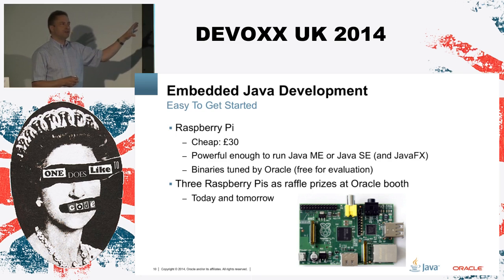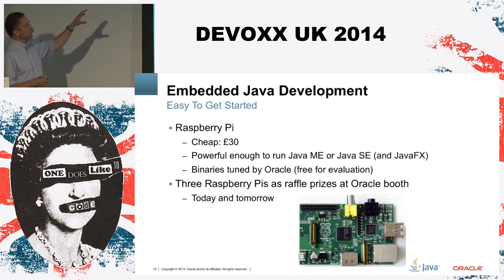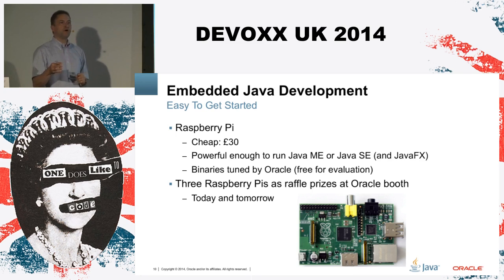So what we've done at Oracle is we've actually created specific binaries for the Raspberry Pi. In terms of Java SE, we've worked with the Raspberry Pi Foundation, and now when you download the Raspbian distribution, you will get the Oracle JDK binary as part of that distribution. You don't even need to download anything extra.